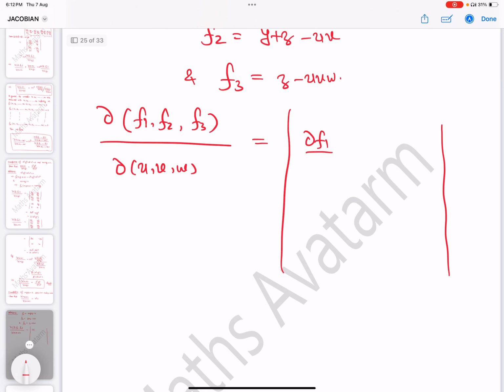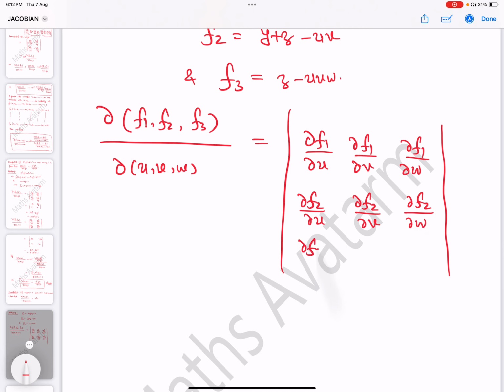Del f1 with respect to u, del f1 with respect to v, del f1 with respect to w, del f2 with respect to u, v, w, del f3 with respect to u, v, w.